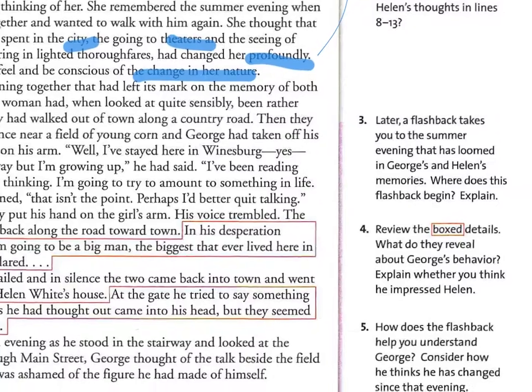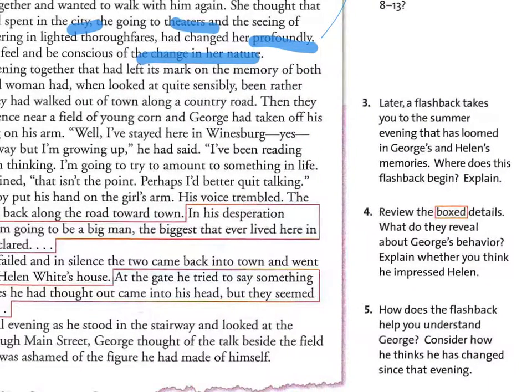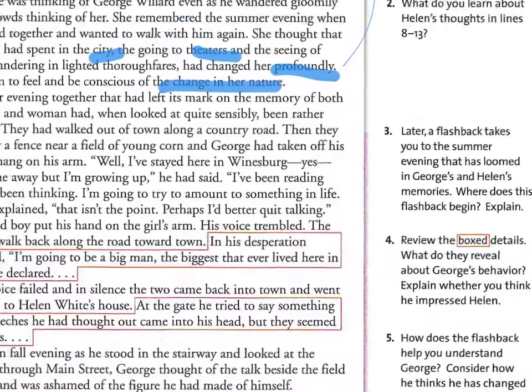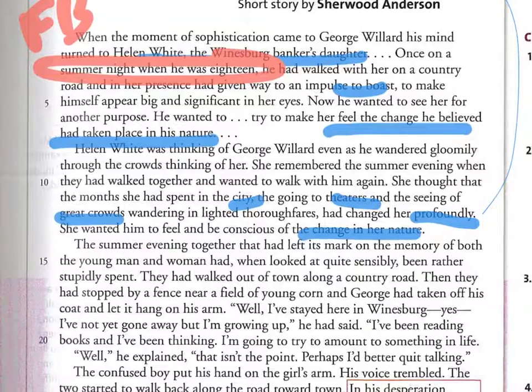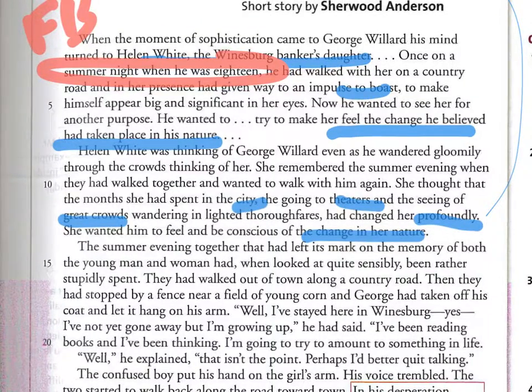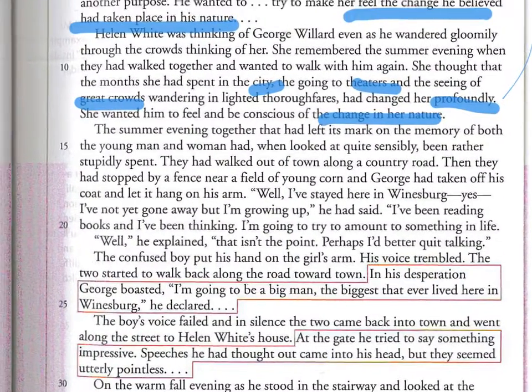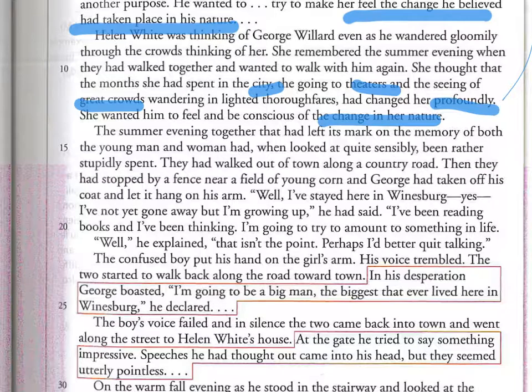So later, a flashback takes you to the summer evening that has loomed in George's and Helen's memories. Where does this flashback begin? Okay. And then I would actually say this is where it really seems like a true flashback, because we're back in time from here on.